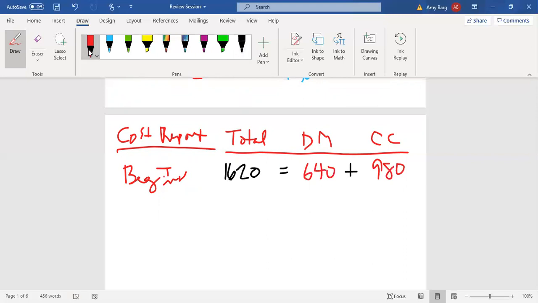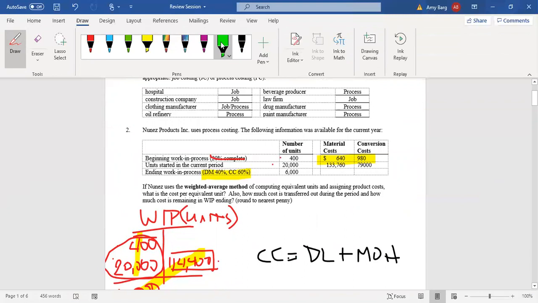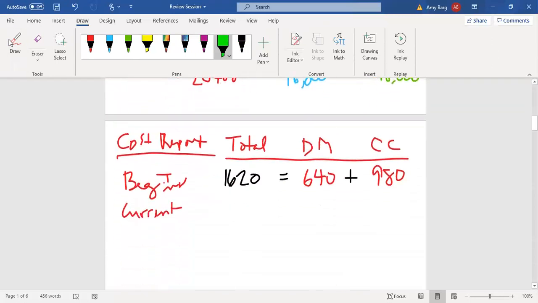And then we also know that what we added in for this current period shows us down here that what we started during the period was this 133,760 and the 79,000. So we can add that stuff into our little chart here. So we put 133,760 and we put 79,000.